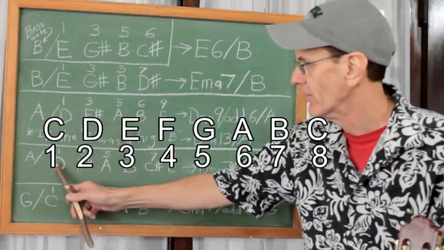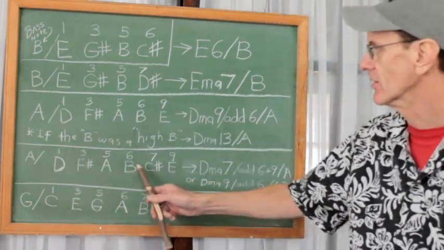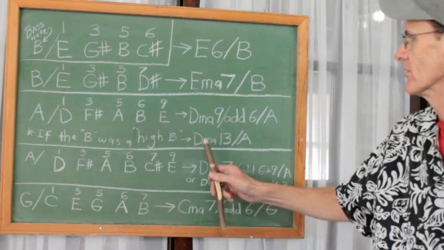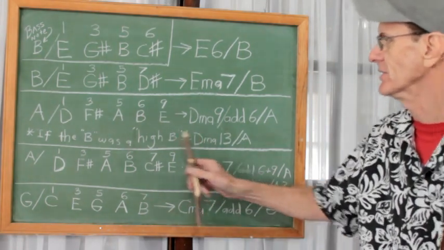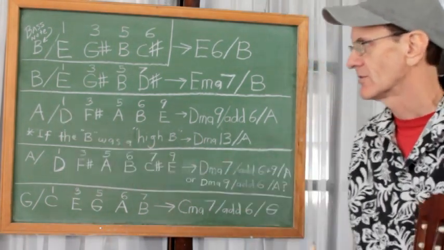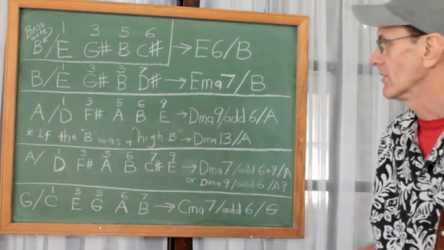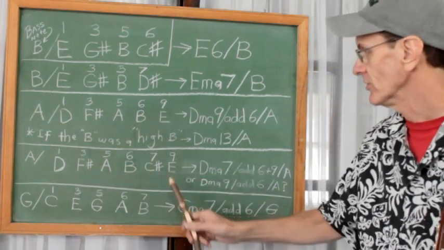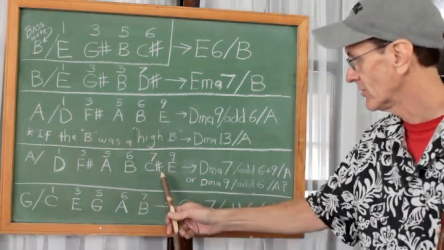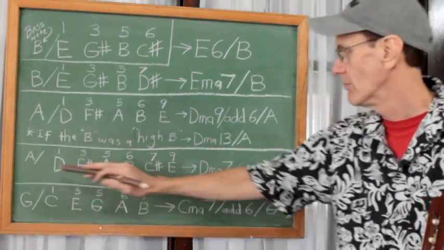Let me back up a little bit. These were from the D major scale because we had the D chords, okay? So the key of D has F sharp and C sharp. So if there was a C sharp in here, which there is here, then it has to be sharp because it's all major intervals.